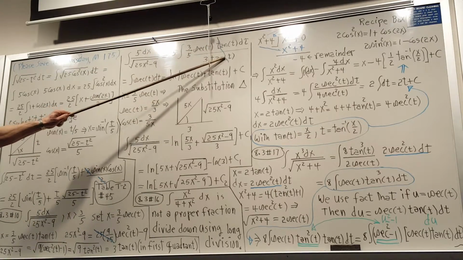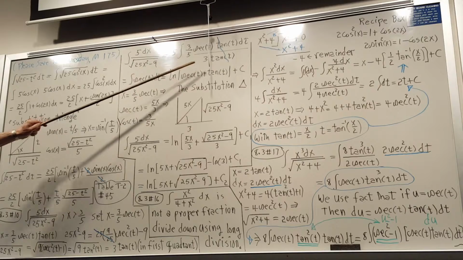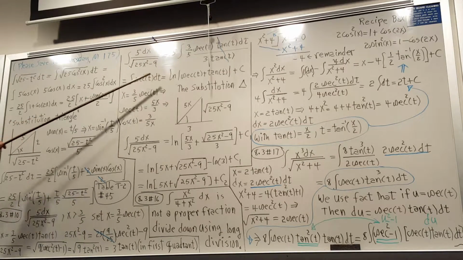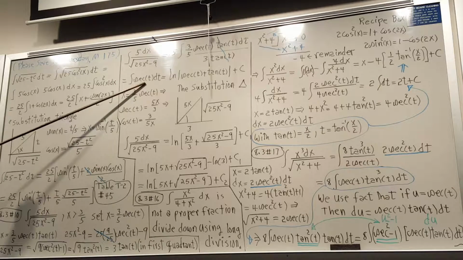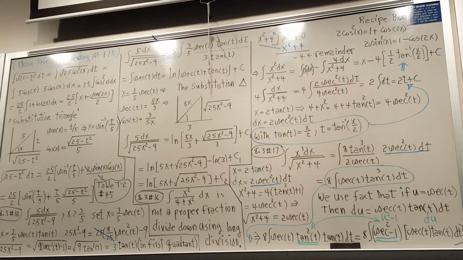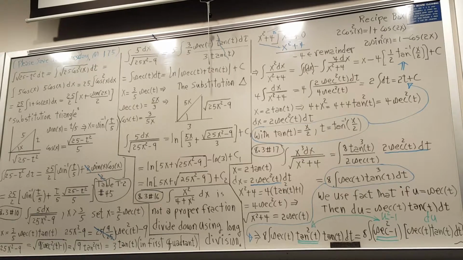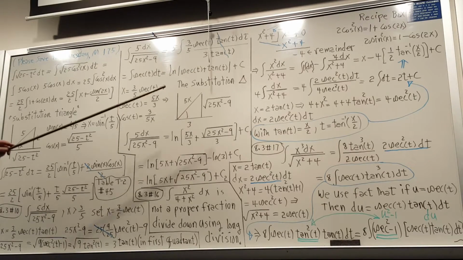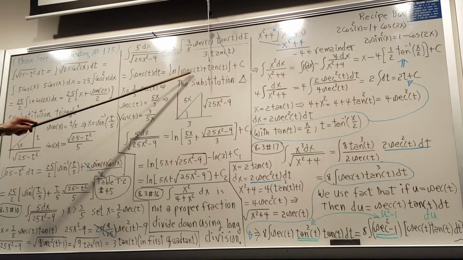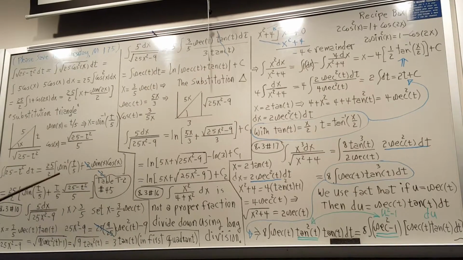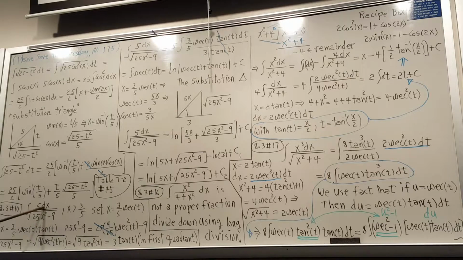And so the tangents cancel and the 3's cancel, and this 5 cancels that one, so I end up with just the integral of secant. And we talked about how you do the integral of secant, log secant plus tangent here. And so what you have to do now is replace secant and tangent to get back to the x.